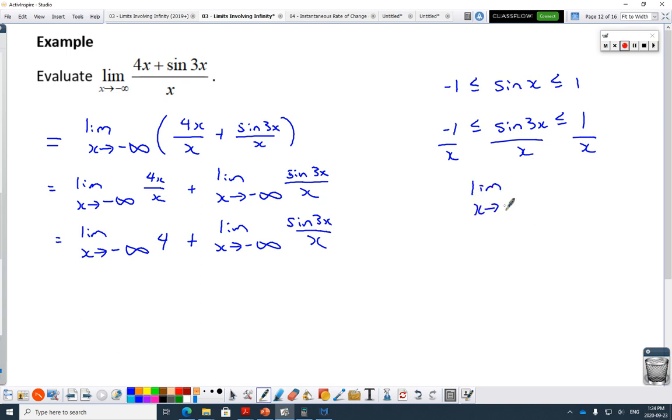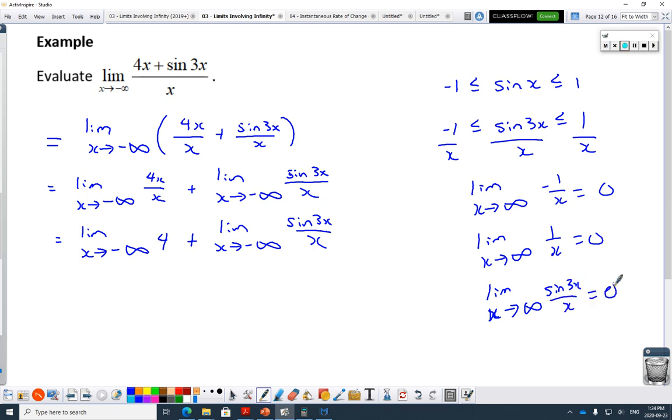Limit as x goes to infinity, negative 1 over x, that's 0. Limit as x goes to infinity, 1 over x, that's 0. So the limit as x goes to infinity of sine 3x over x, that's also got to be 0. So I get 0 here.